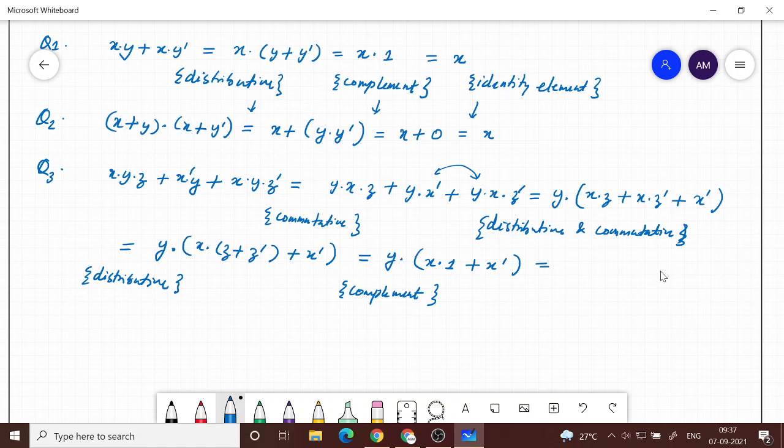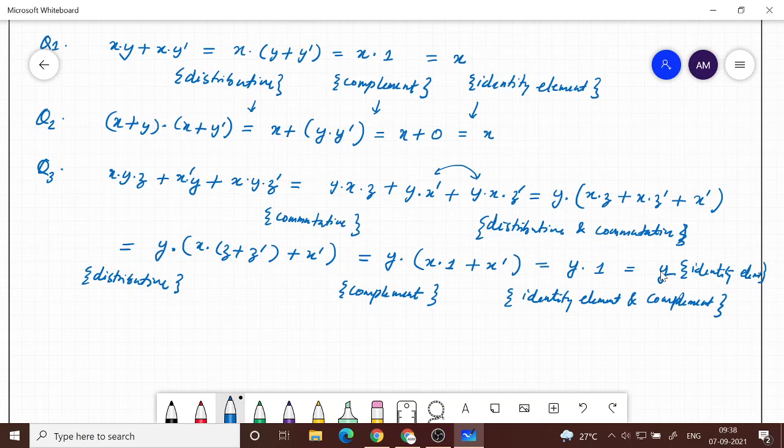I have x, and x plus x dash is equal to 1. So here I have used the identity element and definition of complement. And finally I have equal to y, which is again the identity element. So something very simple, y.